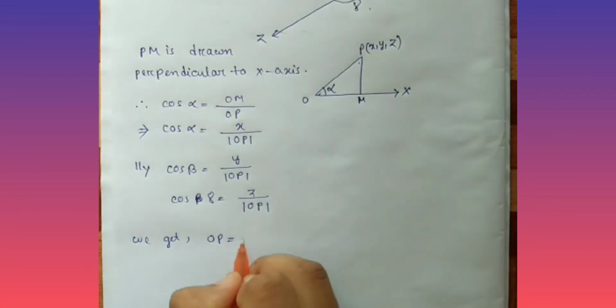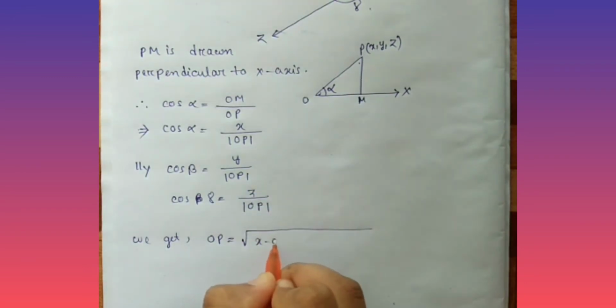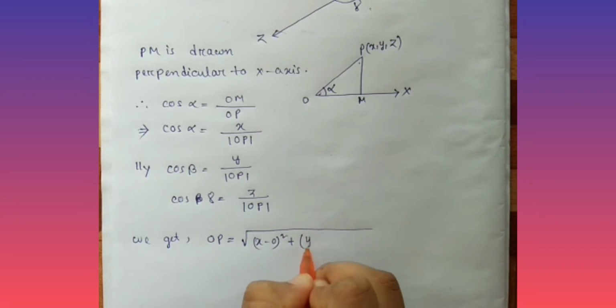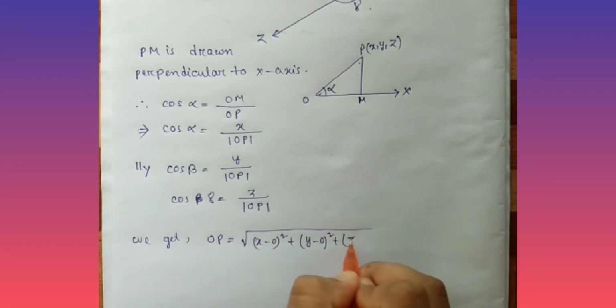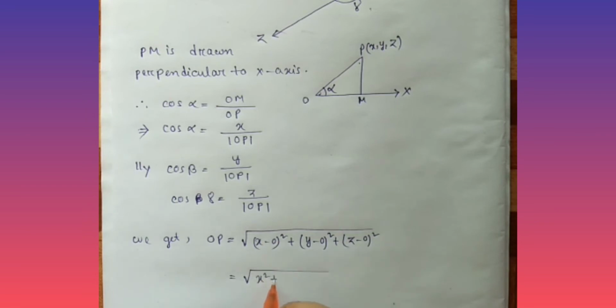Here the coordinate of O is 0, 0, 0 and the coordinate of P is x, y, z. Therefore, by the distance formula, we get OP equals root over x square plus y square plus z square.